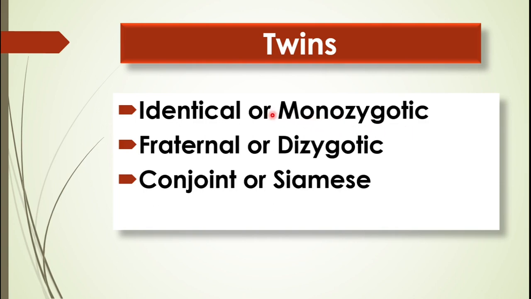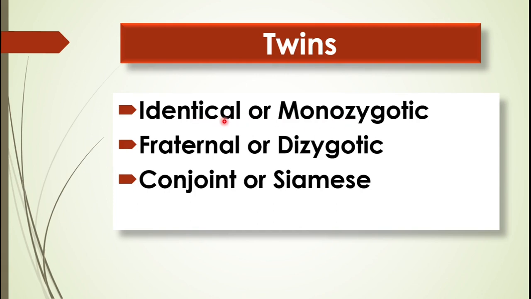Now what happens here is there is a single ovum fertilized by a single sperm which divides during cleavage, and soon after division these blastomeres, instead of remaining adhered together, may separate out and become independent zygotes. They function as two independent zygotes, and these independent zygotes now again carry out cleavage, blastulation, gastrulation, resulting in the formation of two fetuses which are identical in all respects.